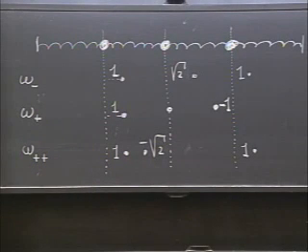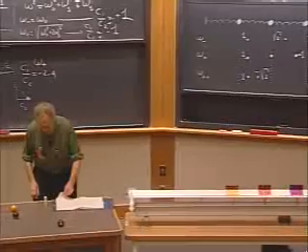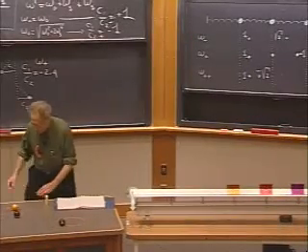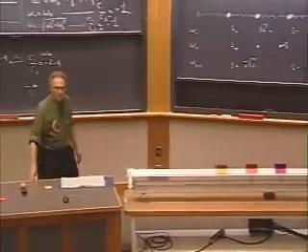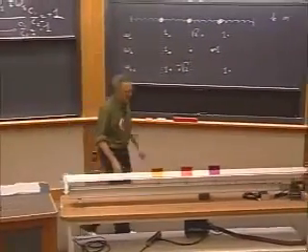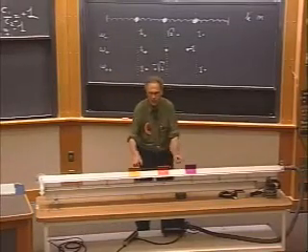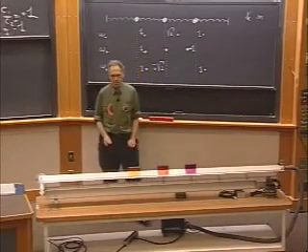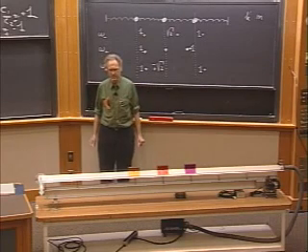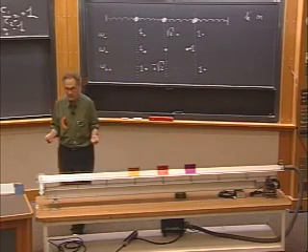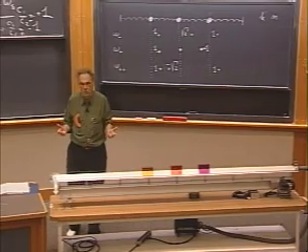Now, I can demonstrate this, and the way I'm going to demonstrate this is with the air track that I have here. The beauty with this air track is that I can place these cars wherever I want, and they're not going to move because I don't have any air. Then I turn on the air, and they are immediately free to go.